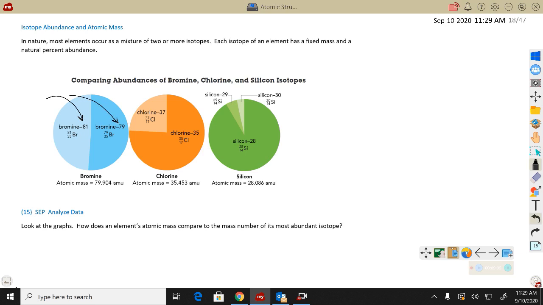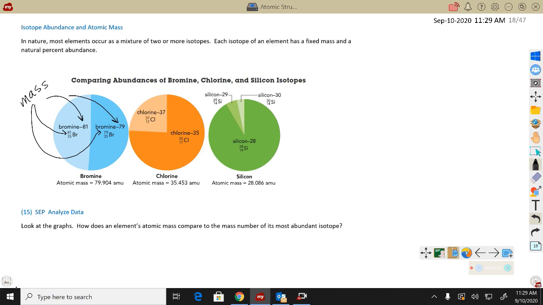These are the mass numbers. Or if we're writing it with this other little notation, like this number on top, the bigger number, that's the atomic mass. So I'm studying bromine, and I find that there are 2 common forms of bromine. There's bromine with a mass of 81 amu, and there's bromine with a mass of 79.